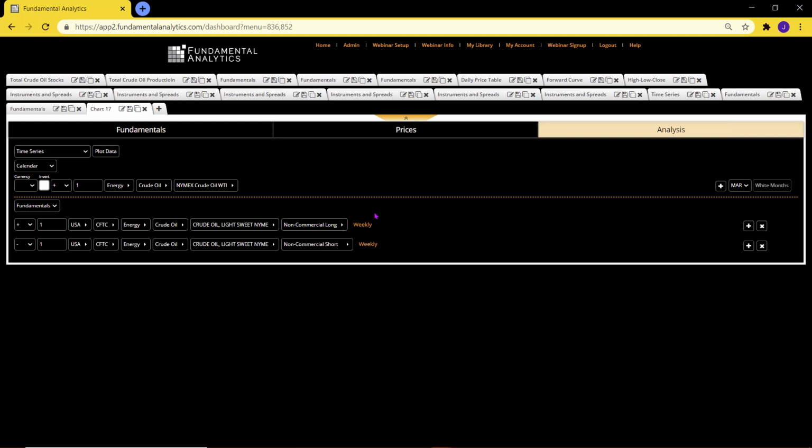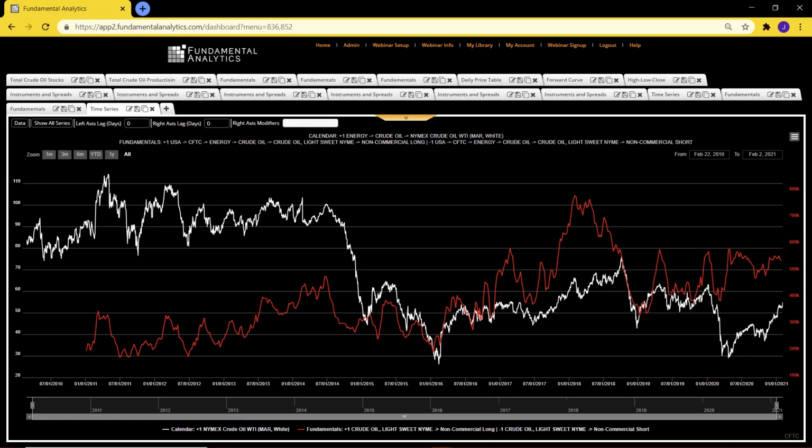So like before, this is the difference between the longs and the shorts, the net position of them, now against price. And again, this is interesting in that they really do track each other.